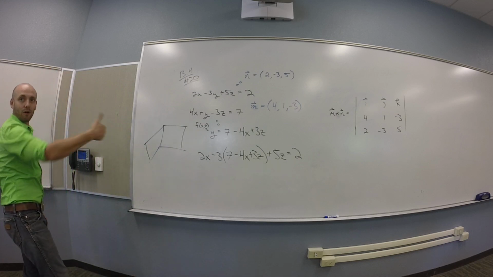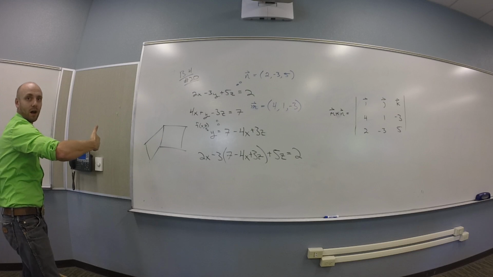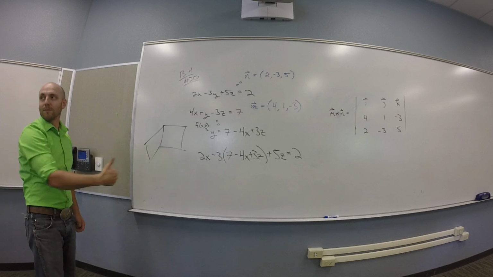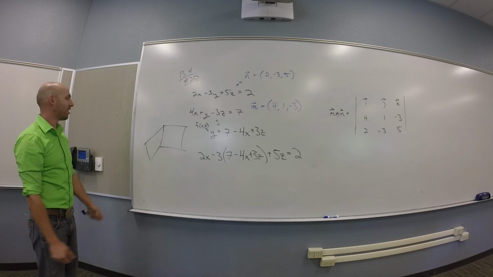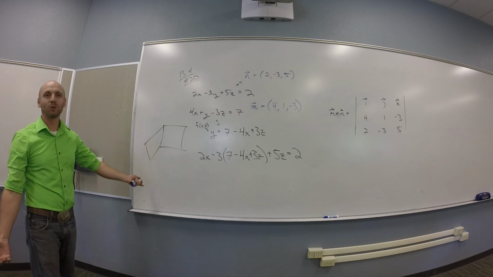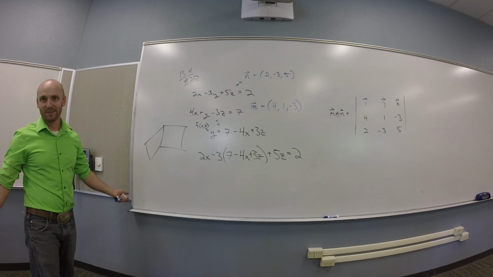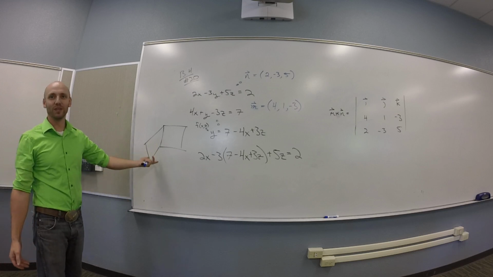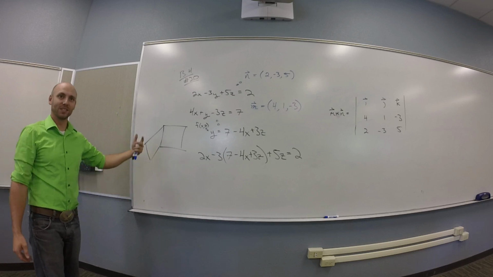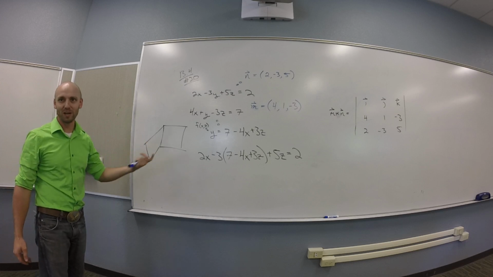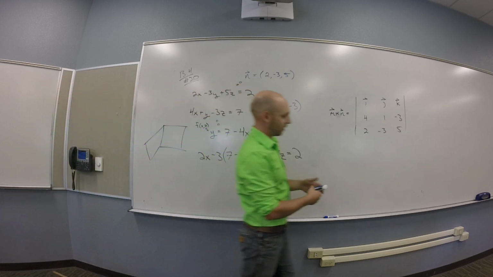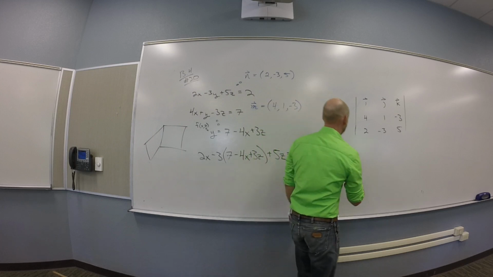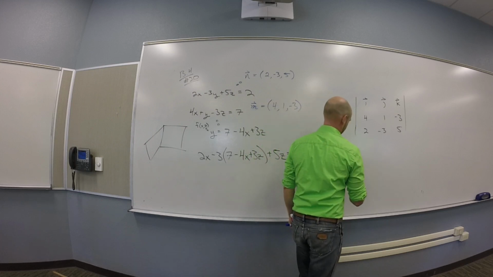If I did n crossed with m, I would get one pointed up. Does it matter? They're both parallel, so not really. I don't even know which one's up and which one's down anyway, right? Because I just kind of drew this picture at random. This is not a good picture of the situation. You guys cool with that? Okay. So if I do this calculation, what do y'all get?